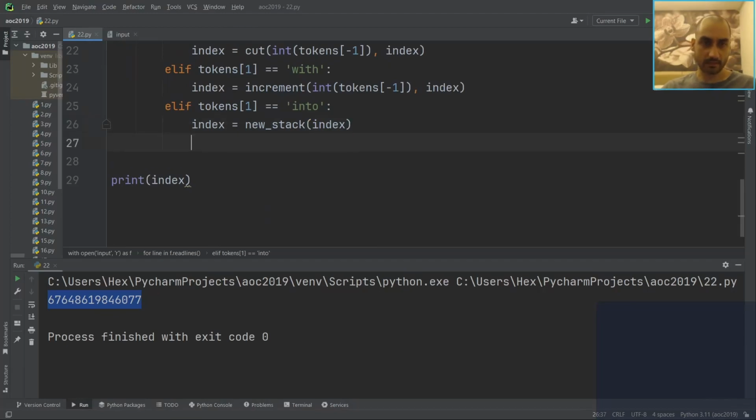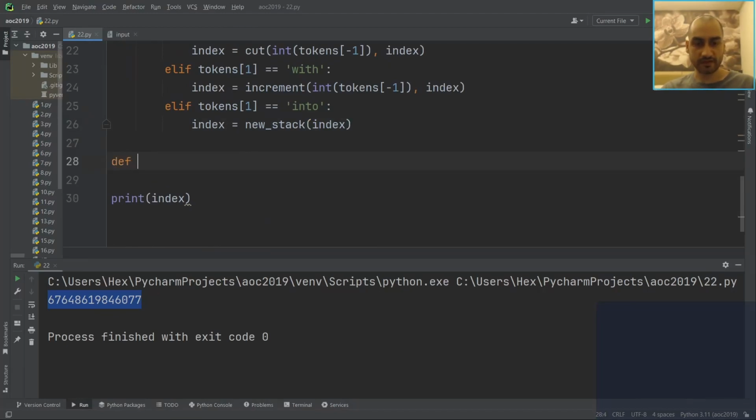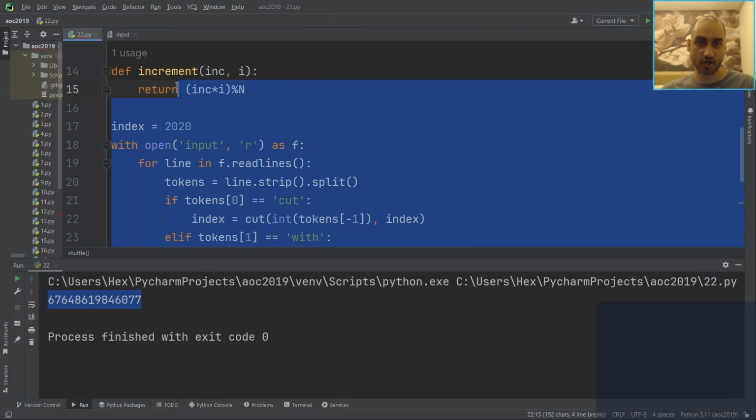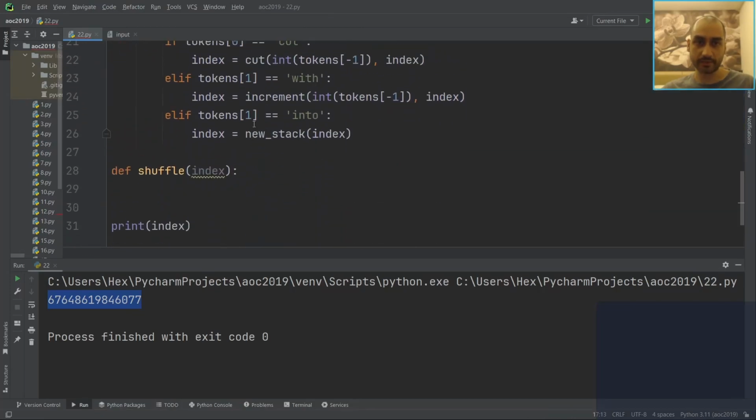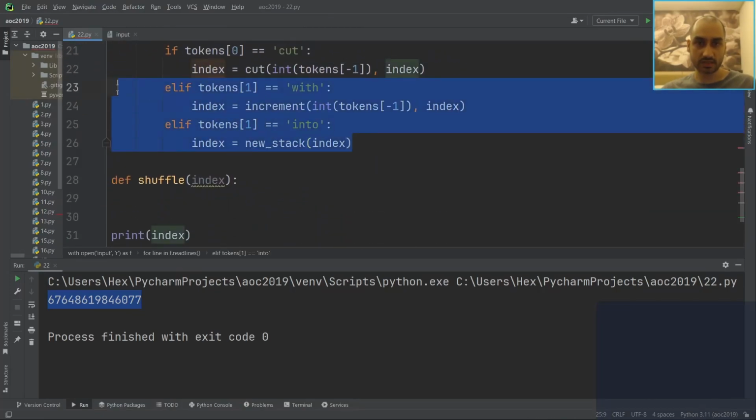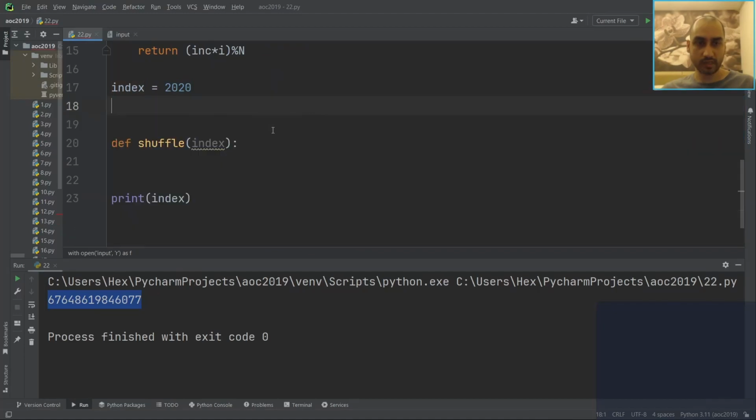So we can wrap this up. Let's say define shuffle for given index. So we just want to work out where a certain card goes after 1 full shuffle, because this is like an atomic operation. There's no reason to split this up. So here we can just plop all this in.